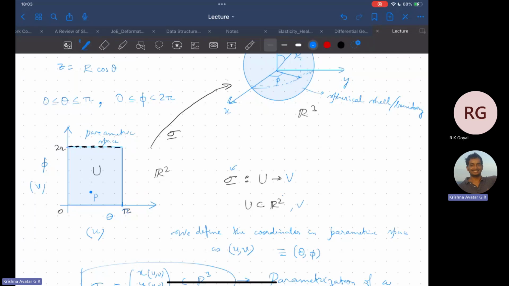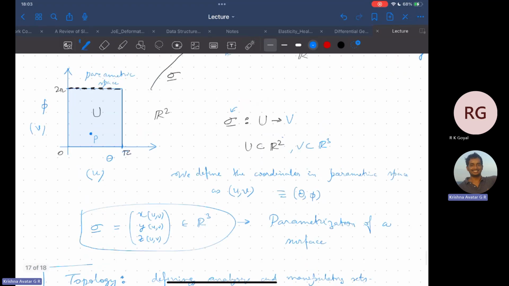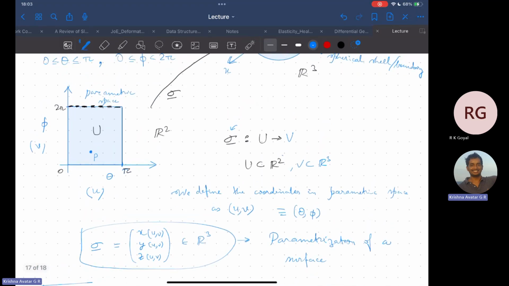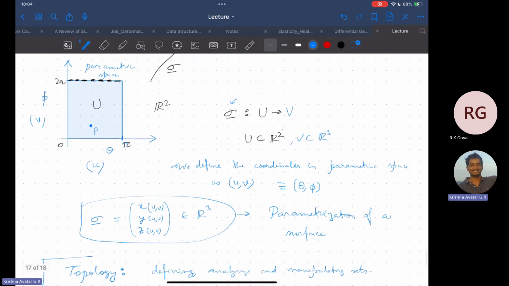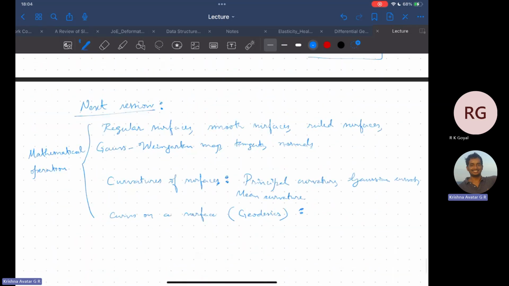So that's what we are going to do today. And the parametric space is spanned by these two coordinates U and V. Generally speaking, that's what we typically use in the literature.